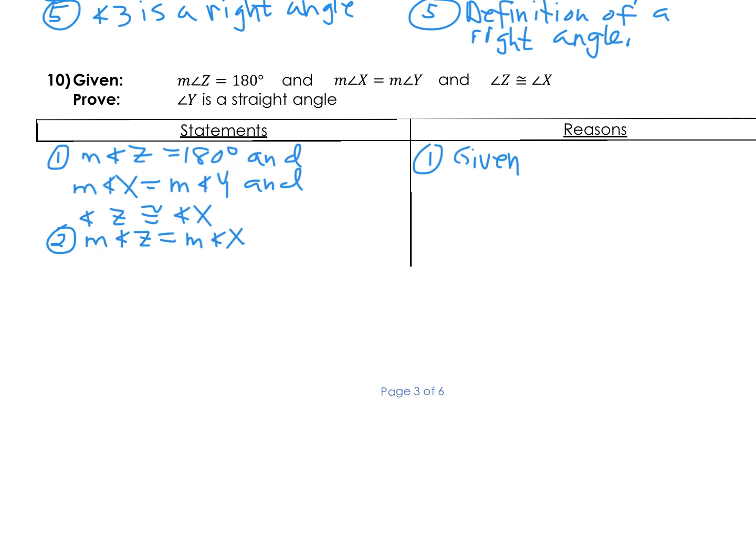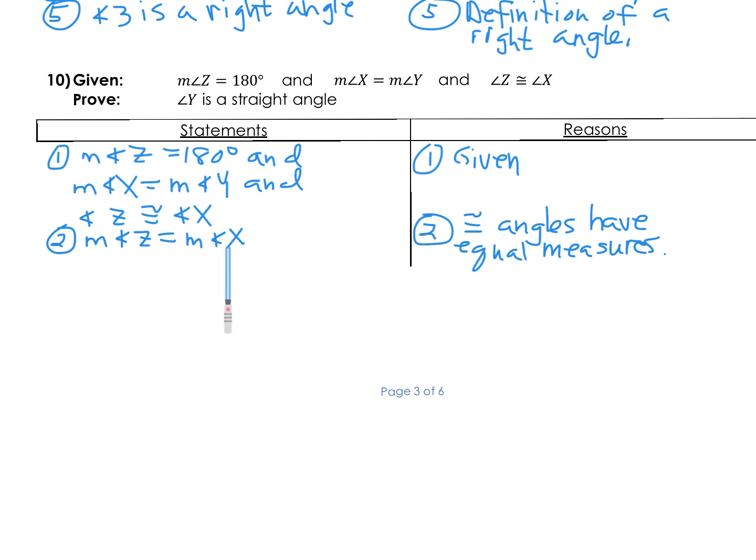All right, so here we go, 2. The reason I did that was that congruent angles have equal measures. Okay, so then the next step, I'm going to take this measurement statement and this measurement statement right here.